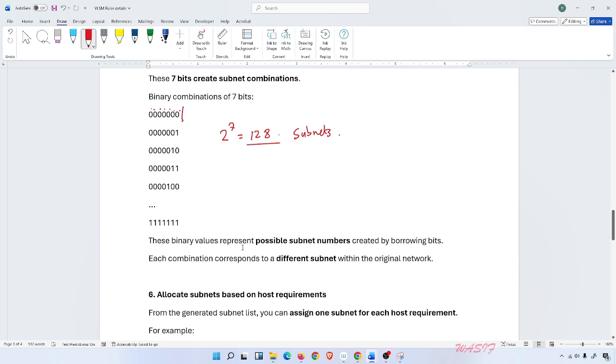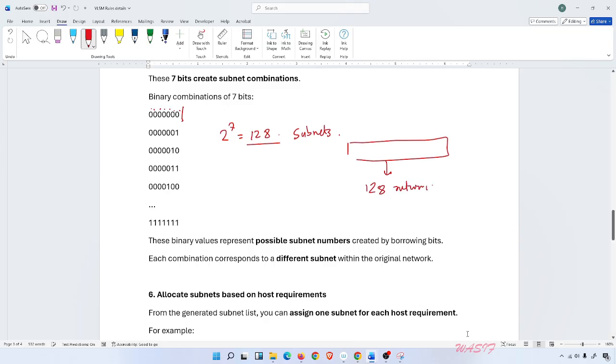The binary values represent the possible subnet numbers created by borrowing bits. Each combination corresponds to a different subnet within the original network. Previously you had a big network, and now you have divided this network into 128 networks.